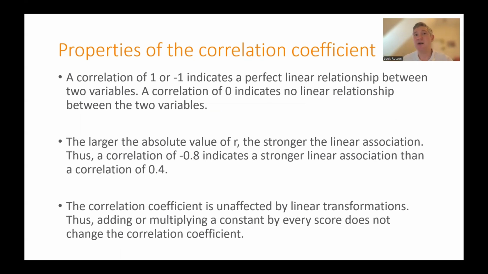The larger the absolute value of R, the stronger the linear association. In this example, a correlation of -0.8 would be a stronger association than a correlation of +0.4. Remember, the sign just indicates the direction of the relationship, whether they're moving the same way or in opposite directions, but the number indicates how strong the relationship is.